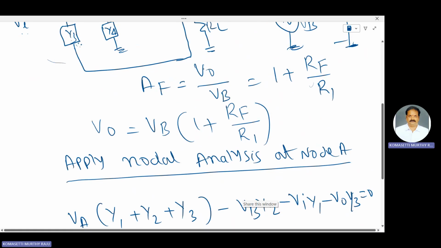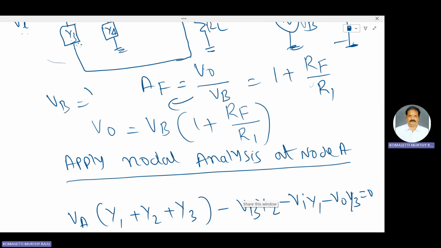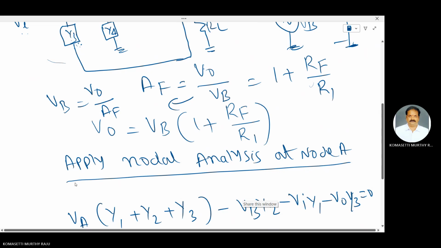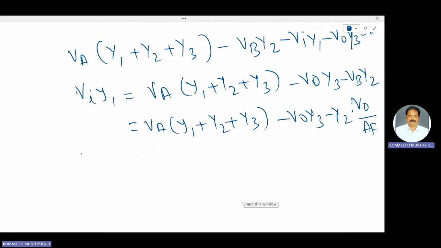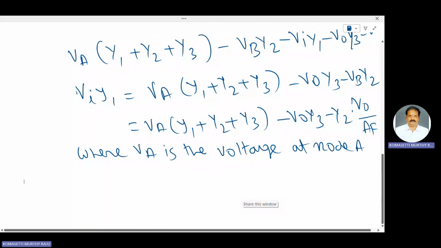VB is equal to V0 by AF, where AF is equal to 1 plus RF by R1. VB is replaced by V0 by AF, where VA is the voltage at node A.